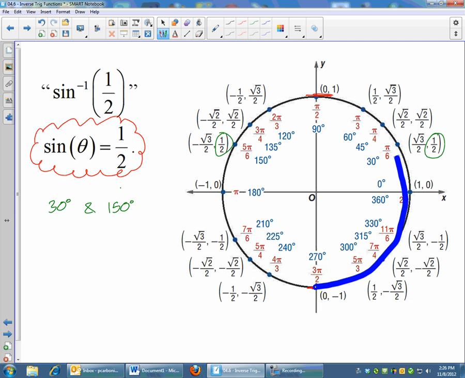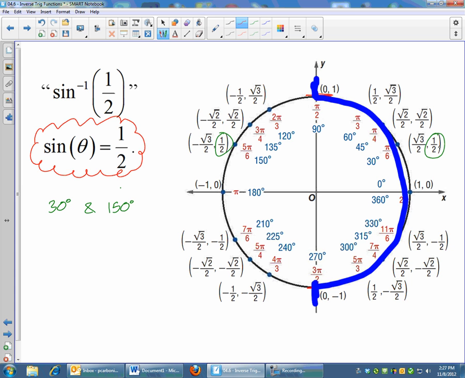So if I only look at the right half of the circle, I can get every single one of my y-coordinates, going from -1 all the way up to +1. I don't need to look at the left half because any y-coordinate over here can also be found on the right side. So for my inverse sine, if I need sine to be 1/2, well, that happens right here at 60 degrees.